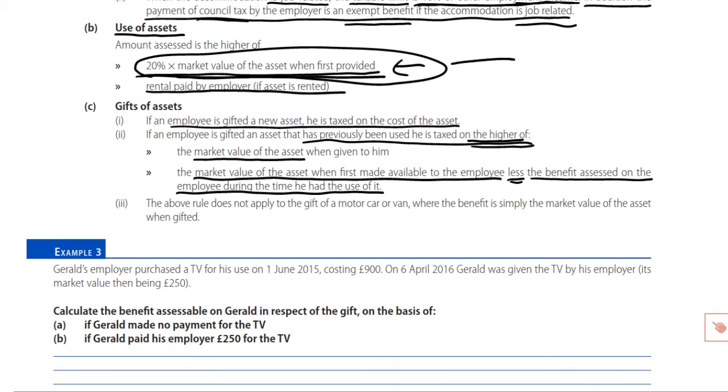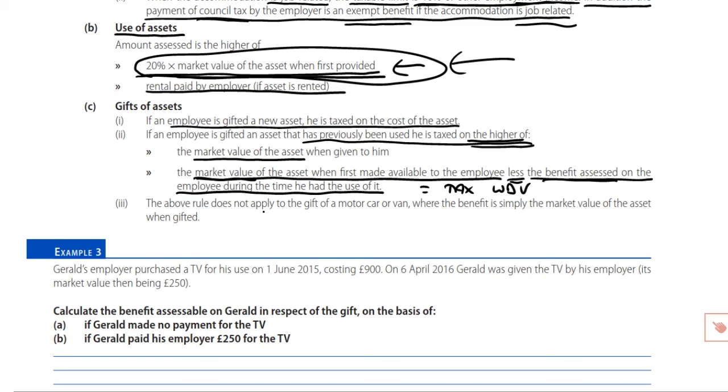So this is again going back and using the 20% rule. So if we take that original market value less the benefit assessed, we could refer to this figure as the tax written down value of that asset.